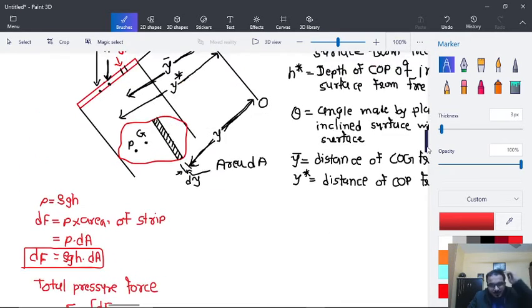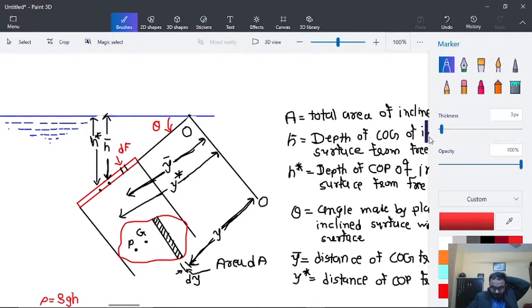Now if we get back to the figure, then one thing that we can say over here is, based on the similarity of triangles, we can say H upon Y. This is an important thing.